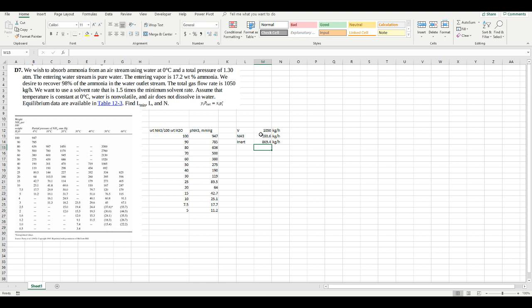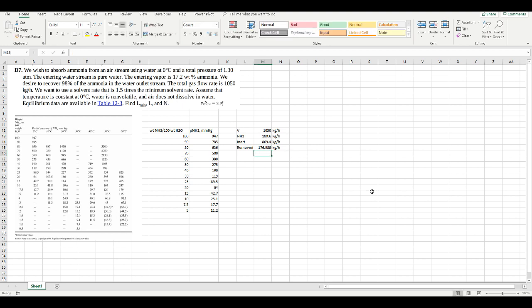We also know that the recovery rate of the ammonia is 98%, so that means that the removed ammonia is equal to 180.6 times 98%. There we go.